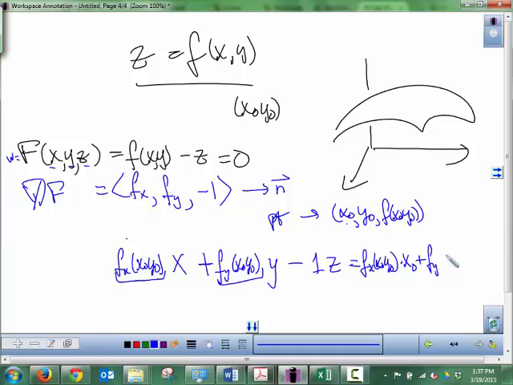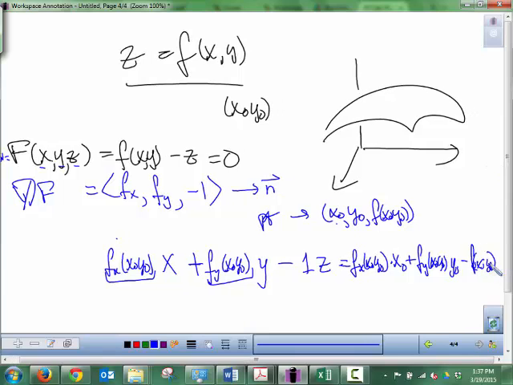Plus fy evaluated at x naught, y naught times y naught, and minus f of x naught, y naught. This would be like the gradient at that point.